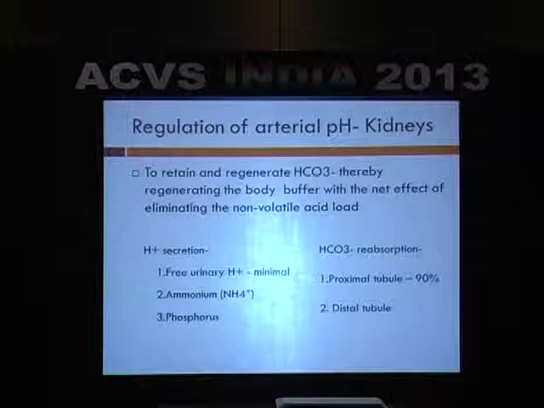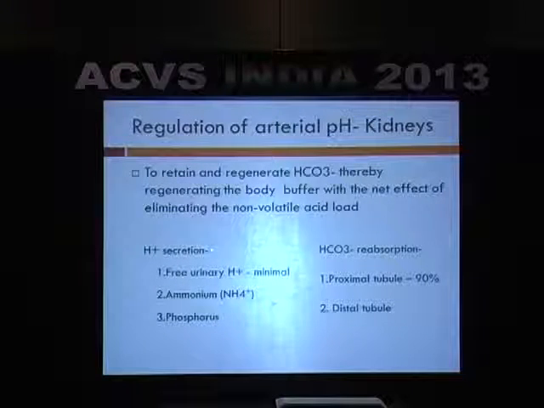And what is the function of the kidneys in maintaining the pH? One is they eliminate the H+ load, and the other is they cause reabsorption of bicarbonate, and they also generate bicarbonate. This H+ secretion in the kidneys is done predominantly in the form of ammonium. The ammonia is produced from glutamine in the renal tubular cells.